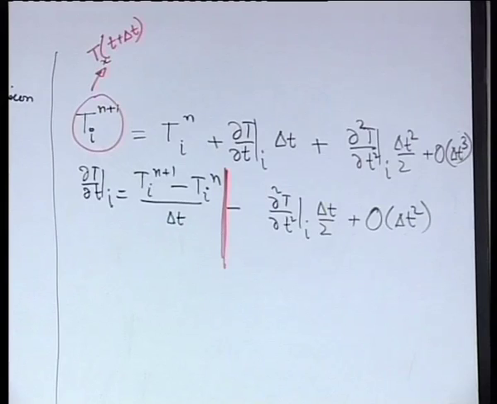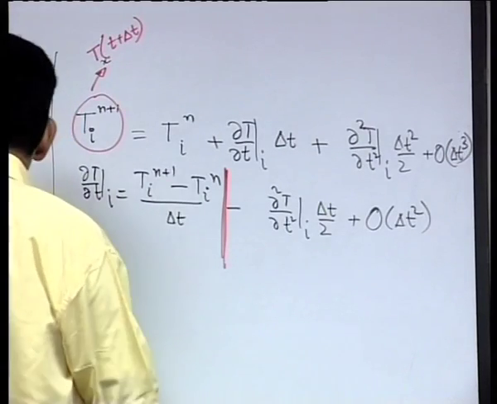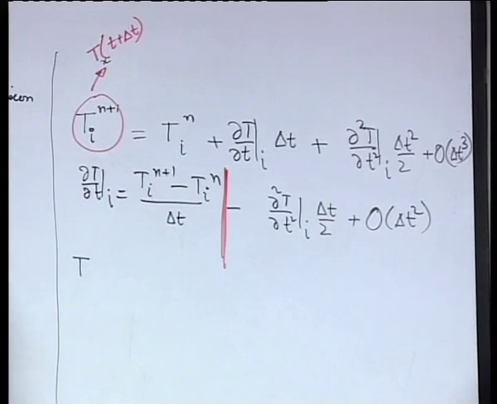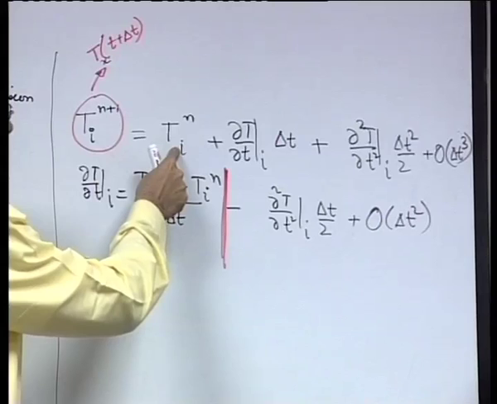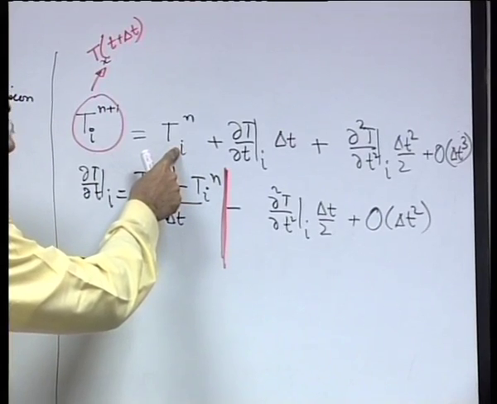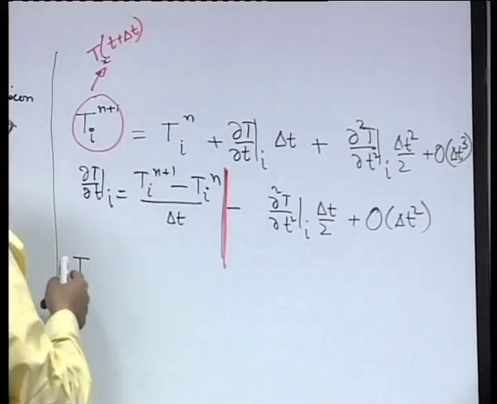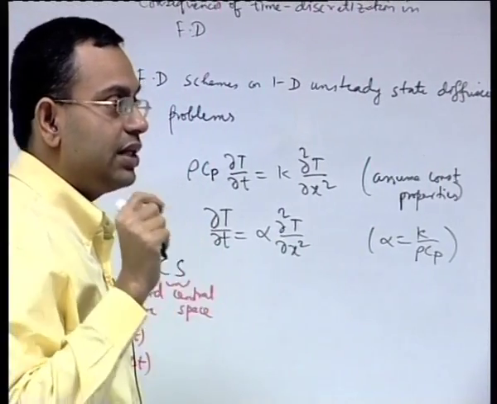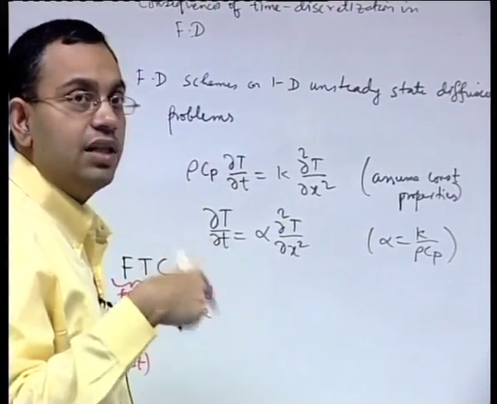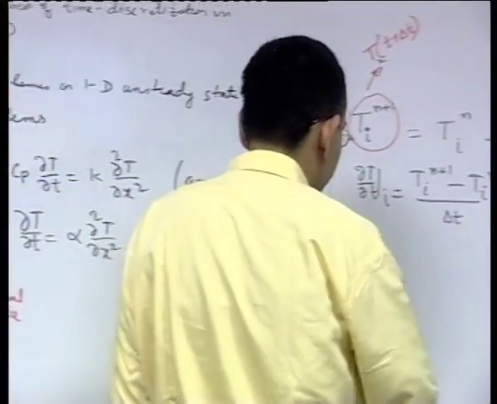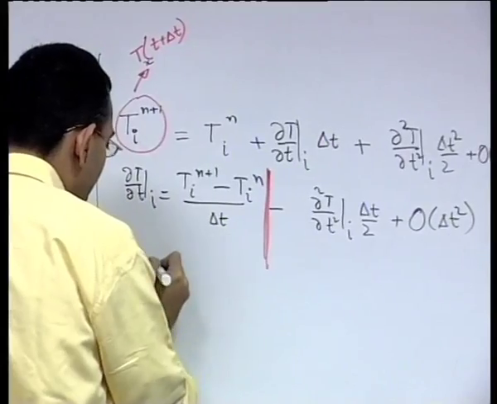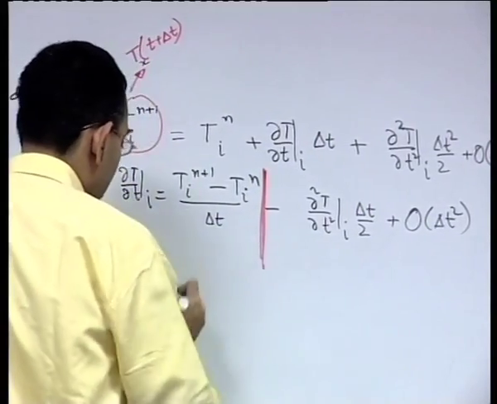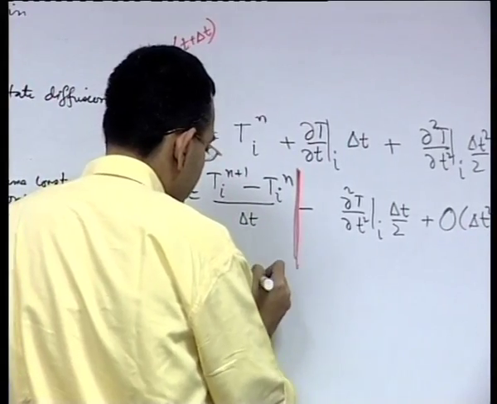What about the second order spatial derivative? So, when you consider the spatial derivative, see, when we consider the time derivative, we kept the spatial position as constant I and change the time. So, here for the spatial derivative we will keep the time fixed and vary the spatial coordinate. So, T I plus 1 n is equal to T I n.